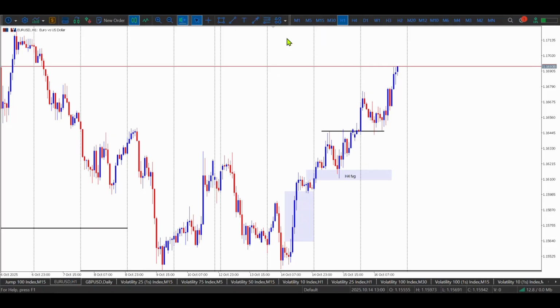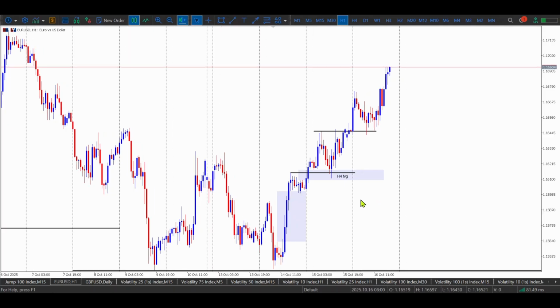But if we take a look at this high here, you will notice that this high is in line with, or overlaps with, the H4 fair value gap, which makes a very strong order flow or imbalance.